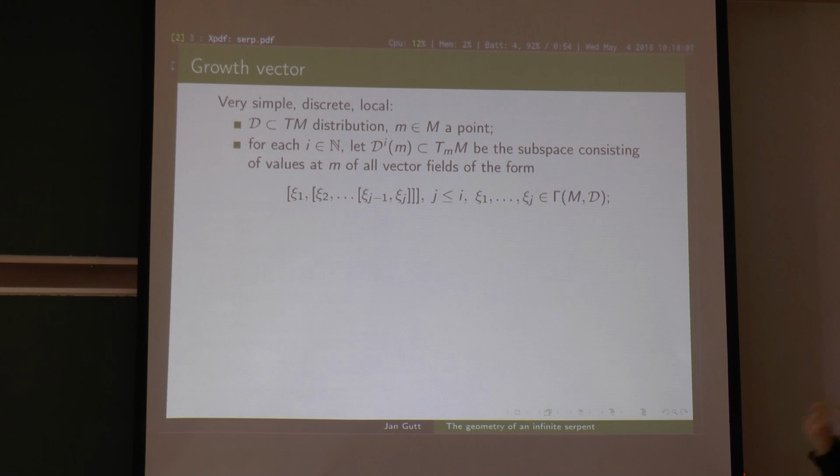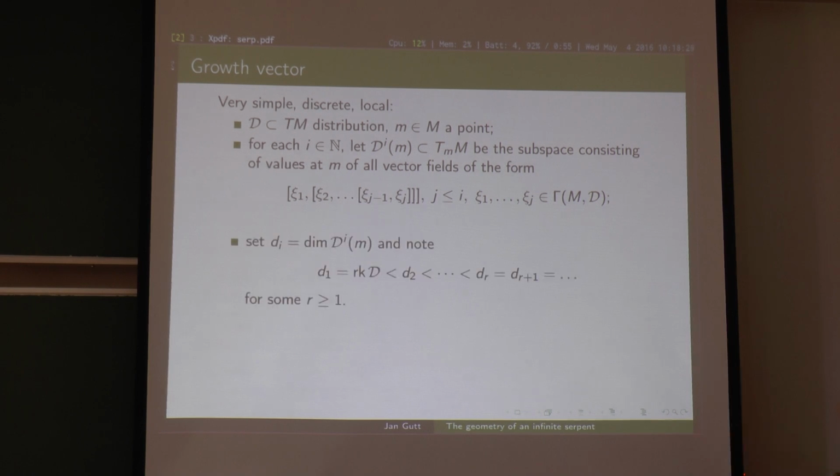Okay, well that's a natural construction, it produces something at a point. So a mathematician would say that it produces a flag of subspaces in the tangent space at M. The more vector fields you take, the bigger the subspace you get. Well, it cannot be bigger than the tangent space itself, so clearly this process is bounded.